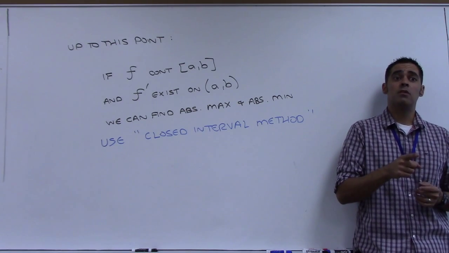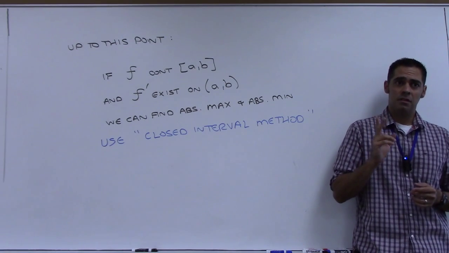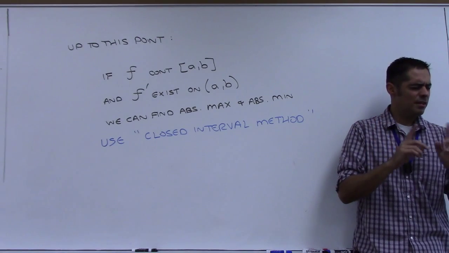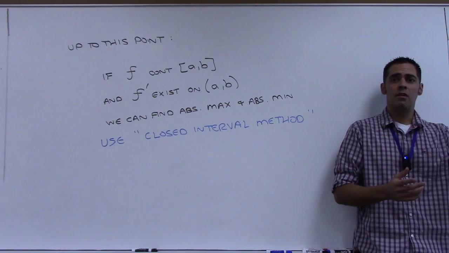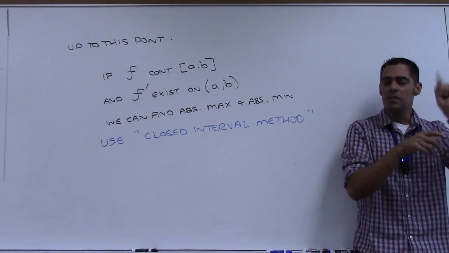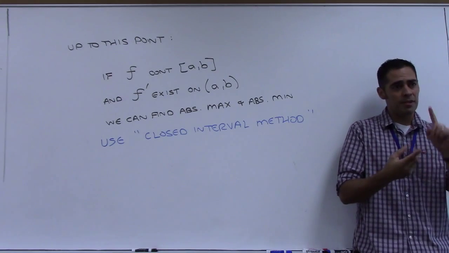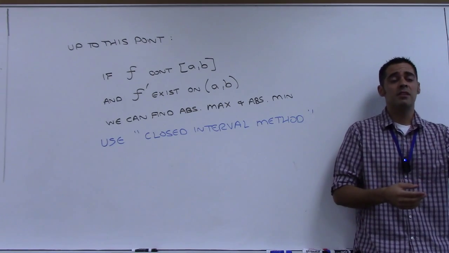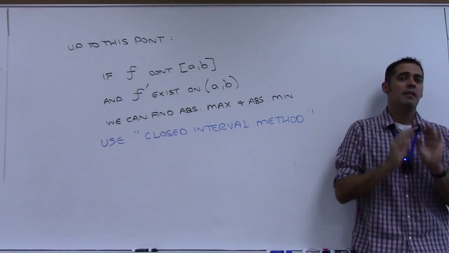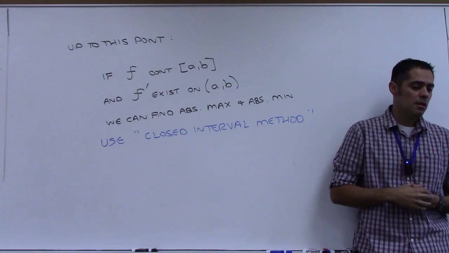Set the derivative equal to 0. Figure out where the derivative is undefined. Get those points. We called those critical numbers. Take those and the endpoints and plug them into the original function. That's the closed interval method. Find your critical points, find your endpoints, plug those into the original function. Make sure that those points lie within your interval, and then you're off to the races. You can figure out which is your highest and lowest point.